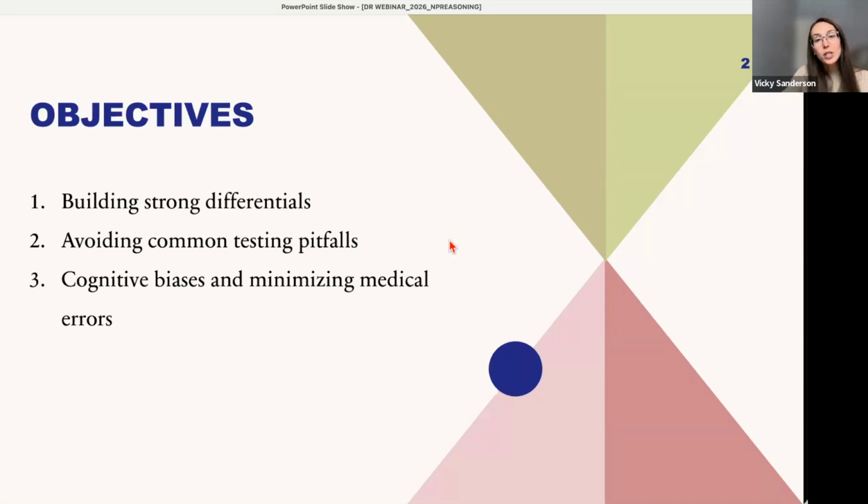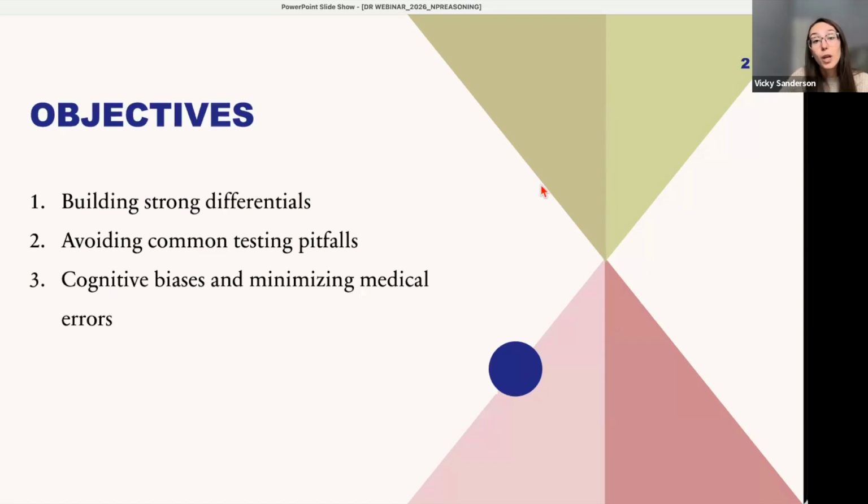And then lastly, to review some very common cognitive biases that unfortunately we're all prone to in medicine, and some cognitive forcing strategies that we can use very practically in our day-to-day practice to minimize medical errors, recognizing that it's impossible to avoid medical errors altogether, but we definitely can use some metacognition tactics to minimize them as much as possible.